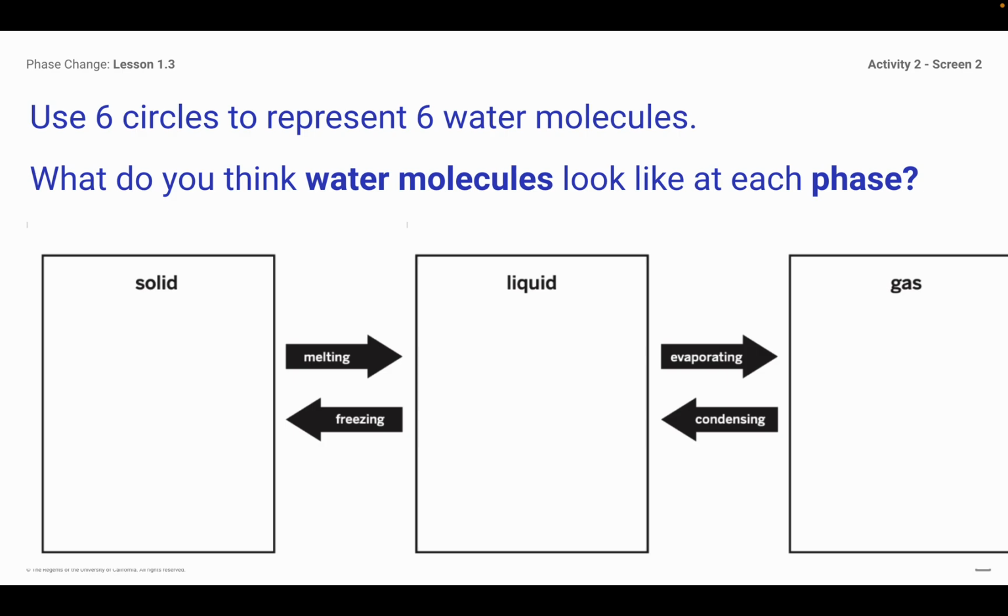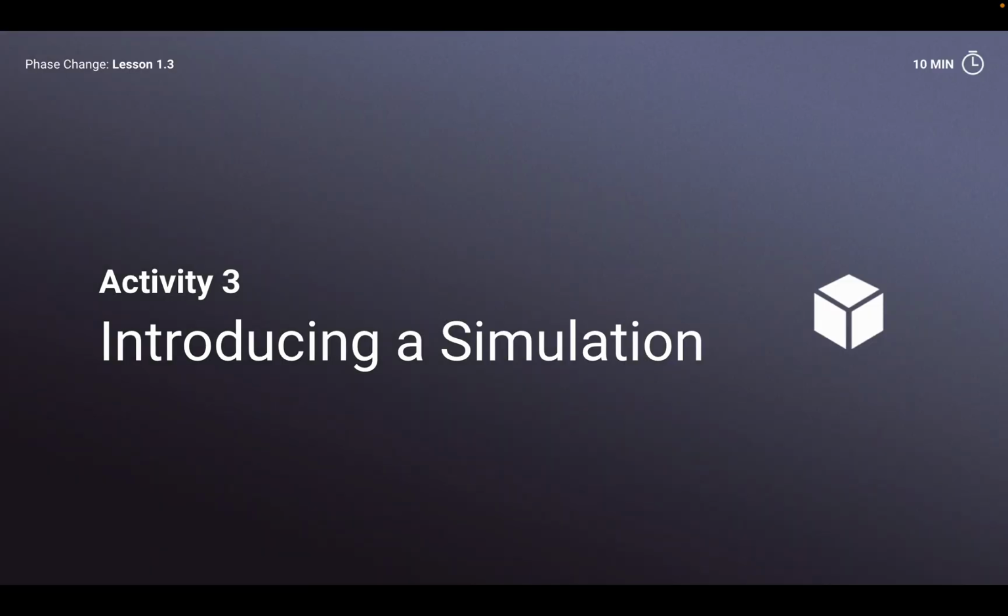Go ahead and draw that in the last box. Don't worry about being right yet. This is just one of those times where I ask you to make a prediction, and then we're going to do some investigations in the sim, and then I'm going to give you an opportunity to come back and make revisions on this if you need to. Okay? Okay, let's keep going.